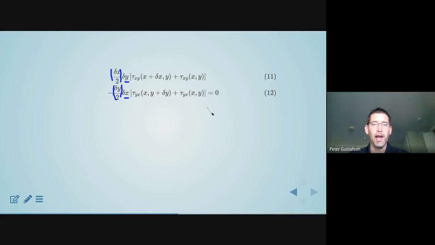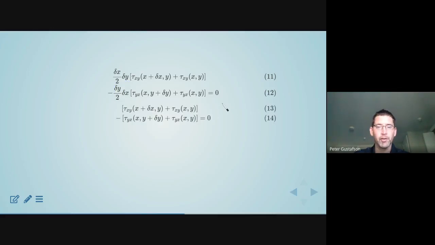Okay, so what do we do next? Well, in this equation, we can kind of do the same thing. We don't really have need for these differential elements anymore. So dx dy over 2, we can divide all of those expressions by that quantity. And so this is now what we have.